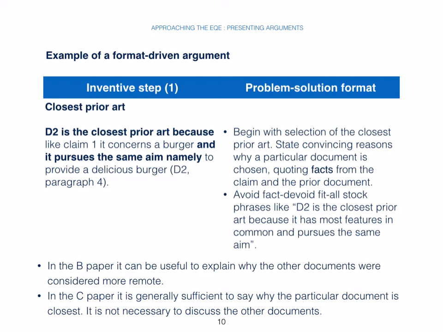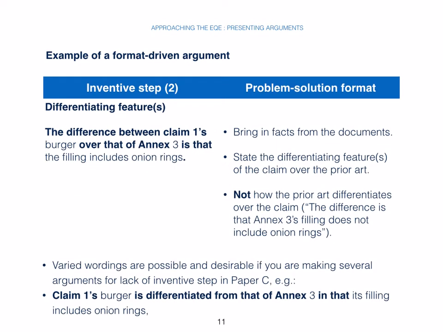Next step is the differentiating feature. So we begin the differentiating feature with a more or less standard phrase. The difference between Claim 1's burger over that of Annex 3 is that the filling includes onion rings.